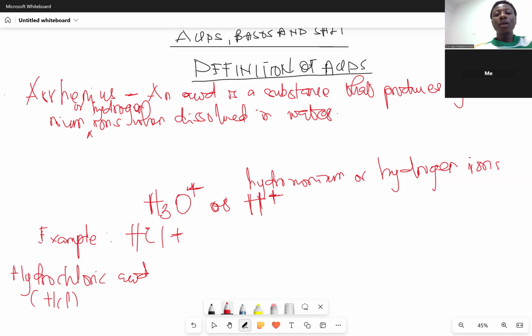Now, if it is an acid, when dissolved in water, it dissociates completely or partially to produce what? H plus.